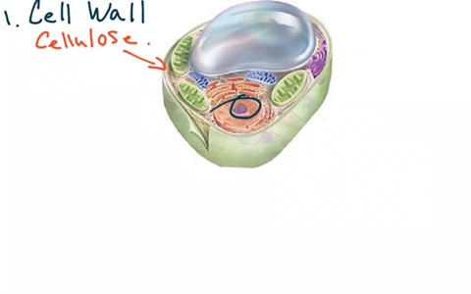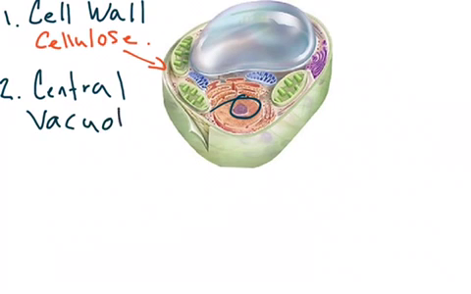Structure number 2 that plants have that we do not is a large central vacuole. Okay, and that's this big guy right here. The large central vacuole is the storage for water for the plant cell.